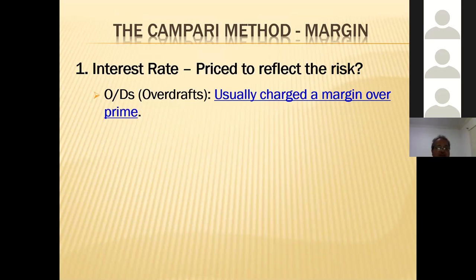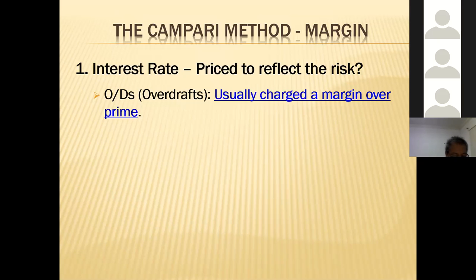Let's first start with overdrafts. I think you have some blanks to fill in, so you could start filling in if you wish. But the information will be forwarded to you in the PowerPoint, so don't be overly concerned about filling in the blanks at this time.